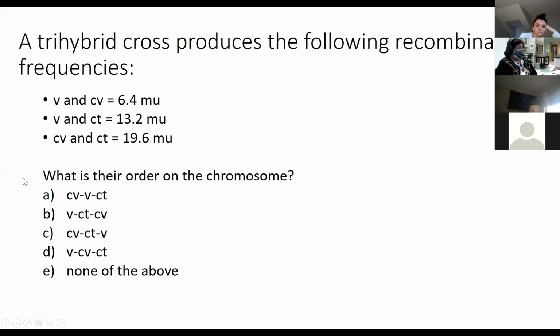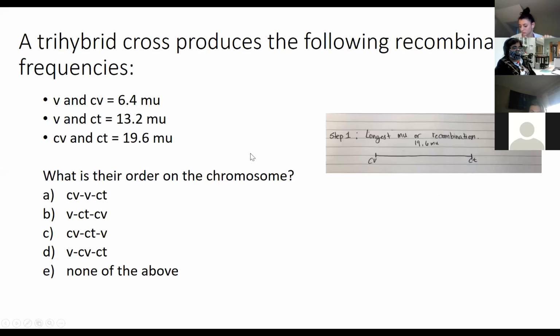So what is their order on the chromosome? One of the first things you would do in a question like this is put down the longest map unit or recombination frequency, because just by looking at this, you know that these two are the furthest apart from each other.